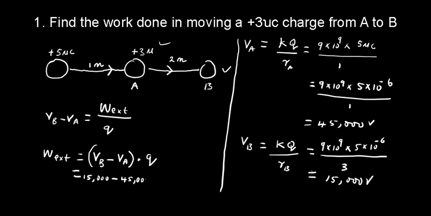Then multiply by our charge. Our charge is 3 times 10 raised to the power negative 6. So what are we going to have? We have 15,000 minus 45,000, then multiplied by 3 times 10 raised to the power negative 6.